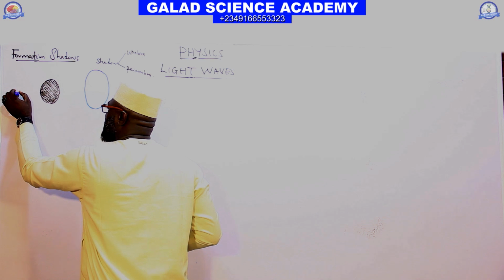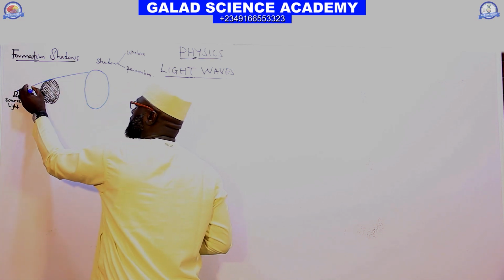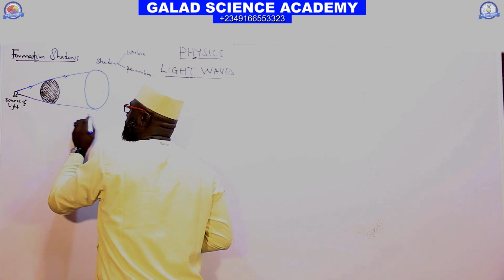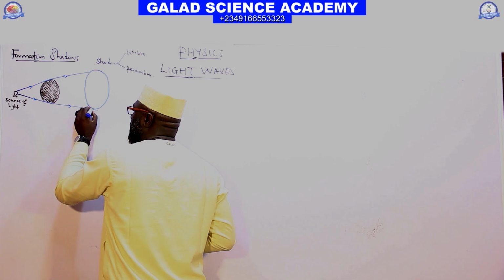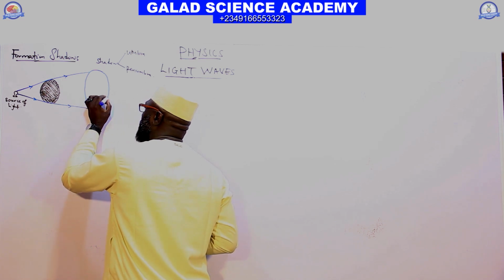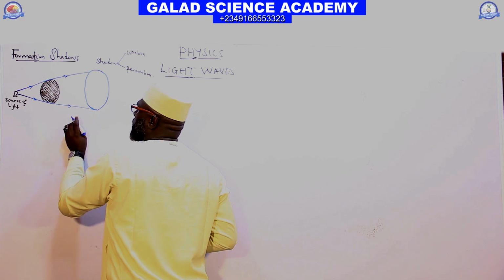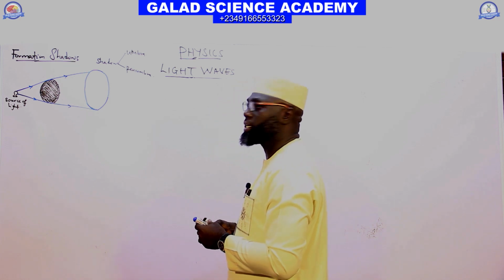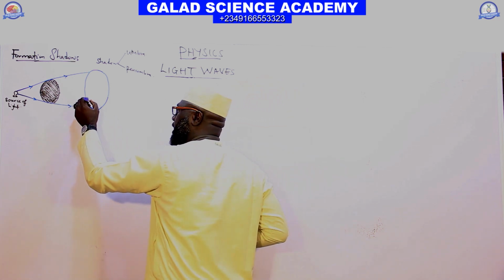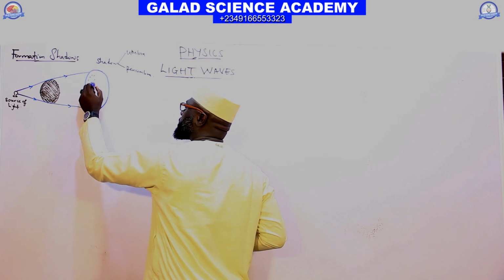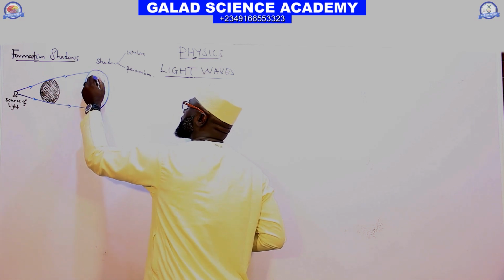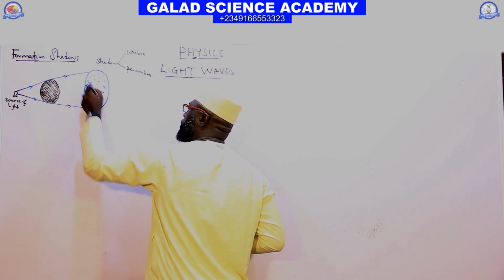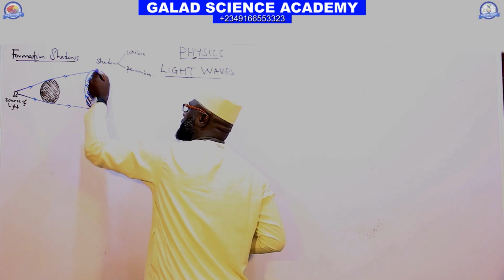By drawing it like this, the light rays pass through this side, and this light ray passes through this side from the source. Let me shade it too to make it perfect.